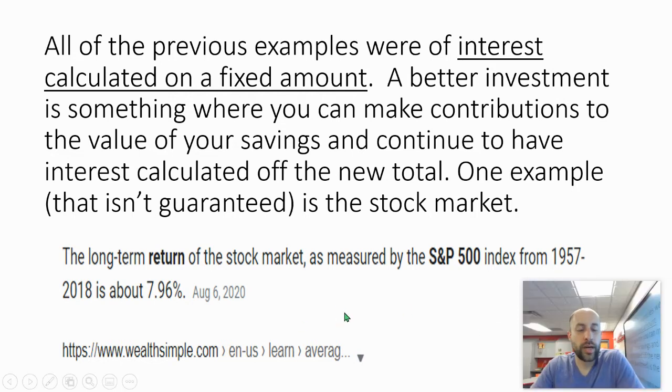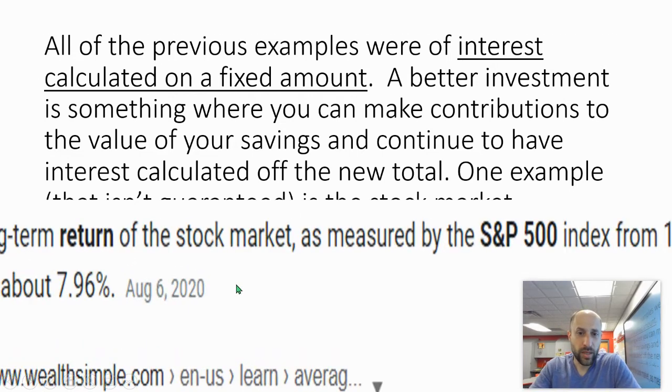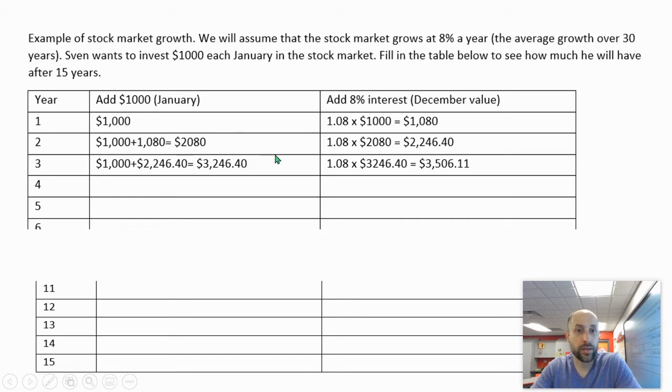So if we were to use that average over the course of those years, and that fluctuated a bit here and there, but if we were to use that average to kind of think long term, we're going to make some calculations here. And we're going to start with assuming that the stock market grows 8%, which is the 30-year average.